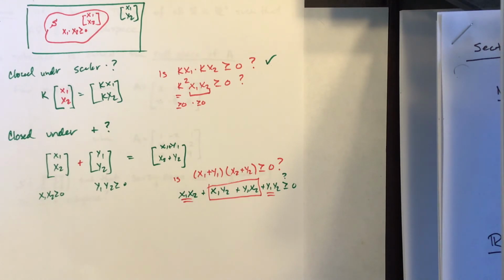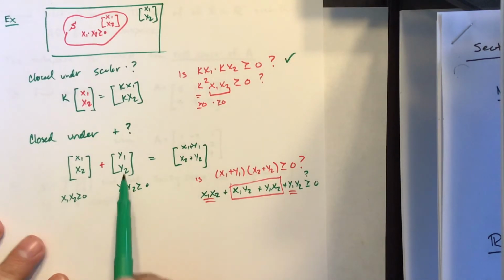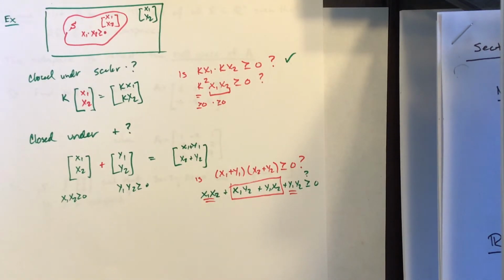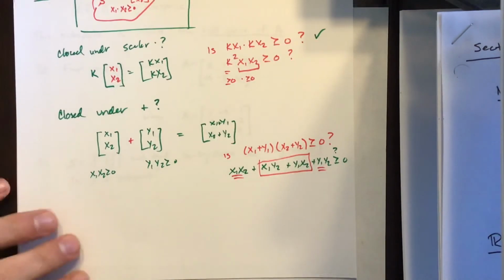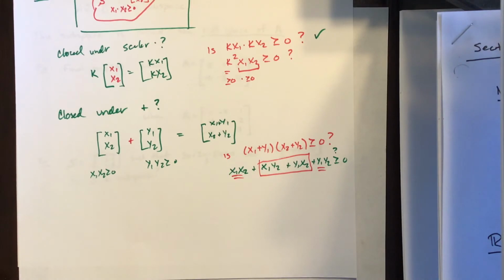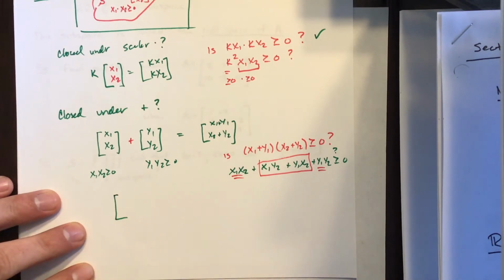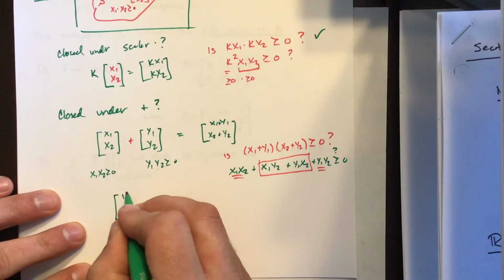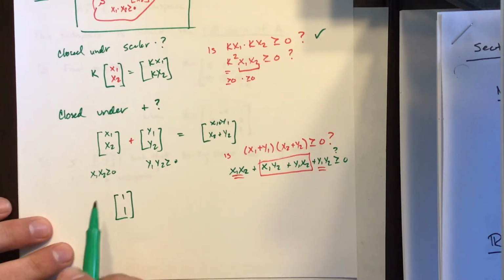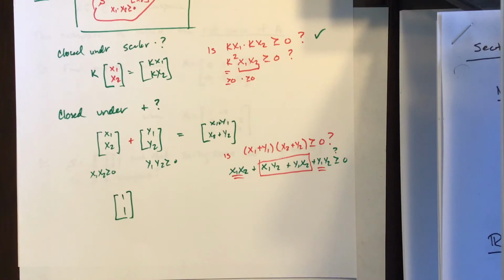Now, clearly, if x1, x2, y1, and y2 are all positive values, this is a true statement. So really, the question that we have to answer is, does this fail when we introduce negatives? So for example, this has to hold true for any combination of vectors in our subset.